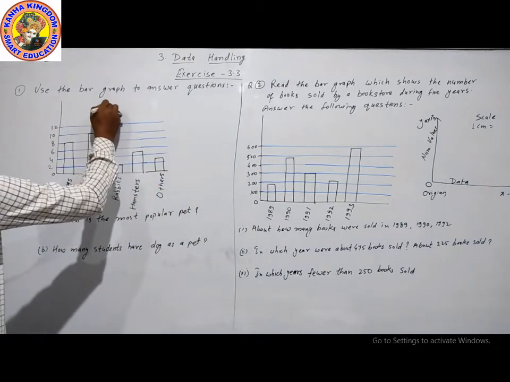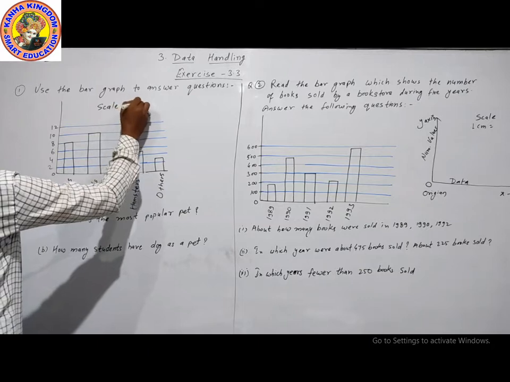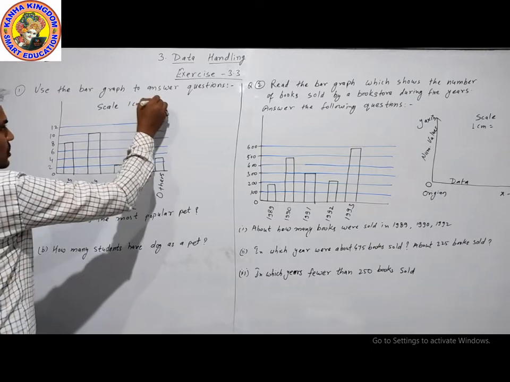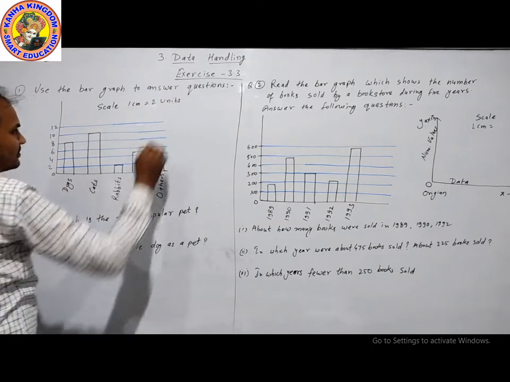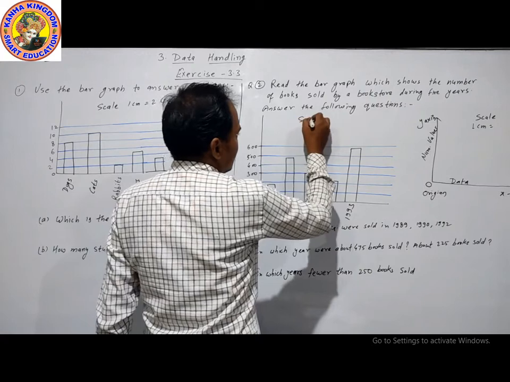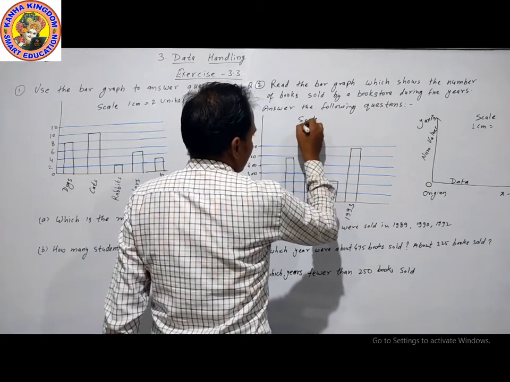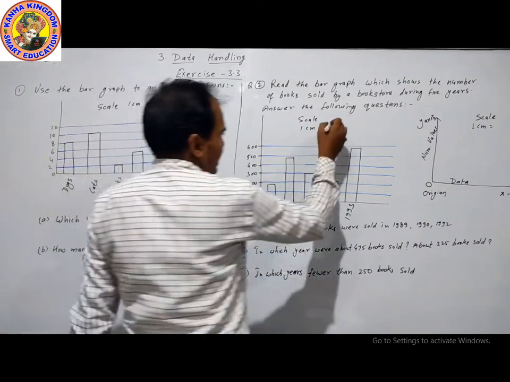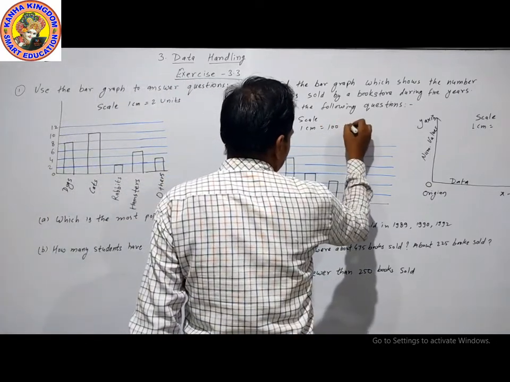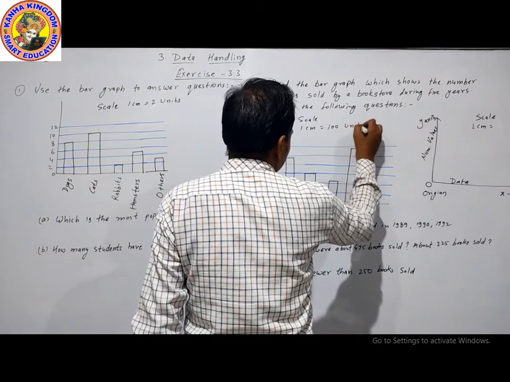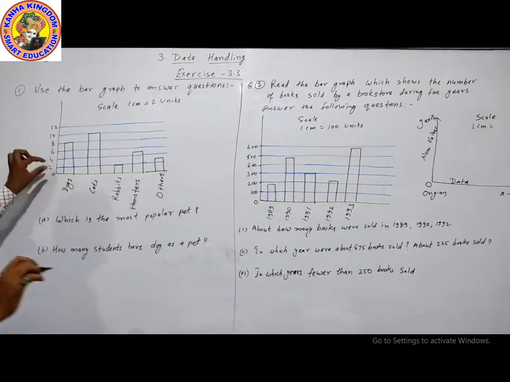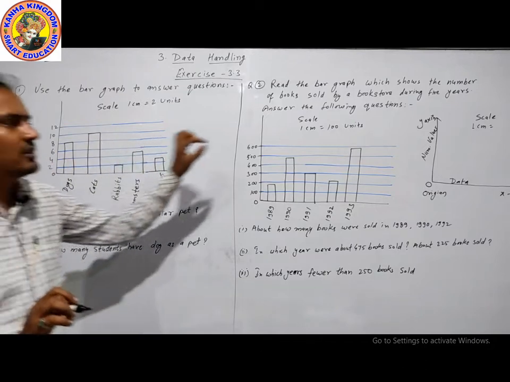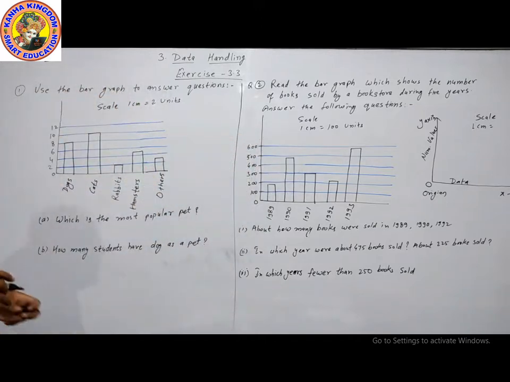Here is a scale. This block is 1 centimeter. Here, 1 centimeter is equal to 2 units, and here the scale is 1 centimeter is equal to 100 units.